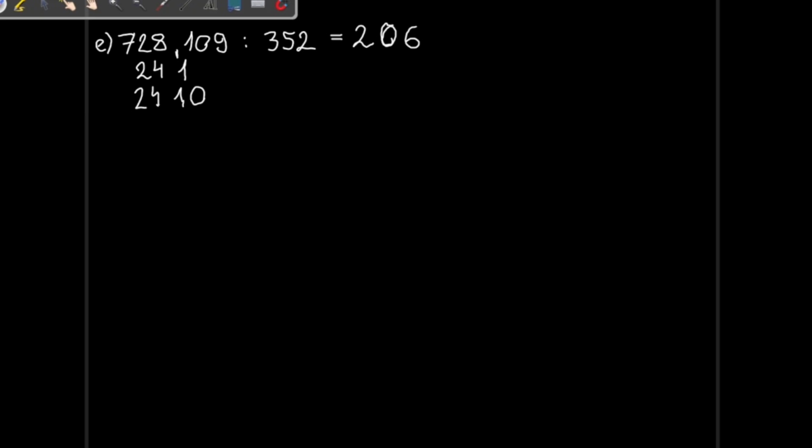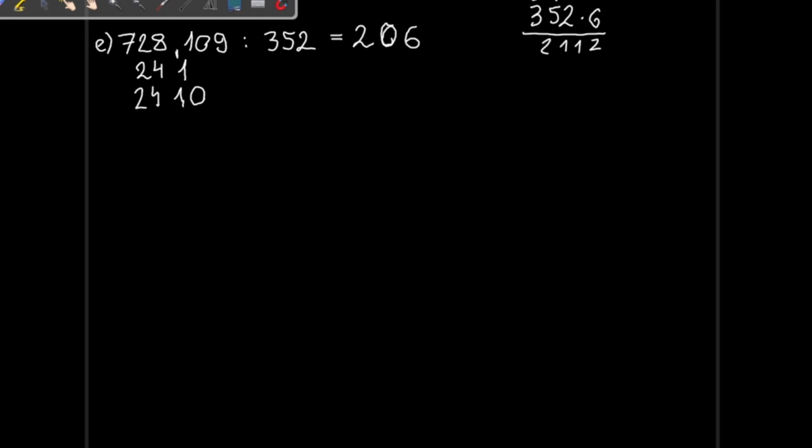Alright. What is the remaining part? Let's see. Oops, wait. 352 times 6. That's 12. 5 times 6 is 30. 31. 3 times 6 is 18. 21. Alright.